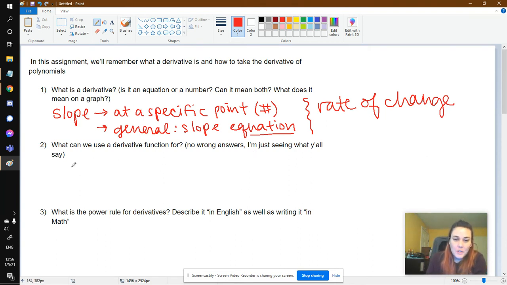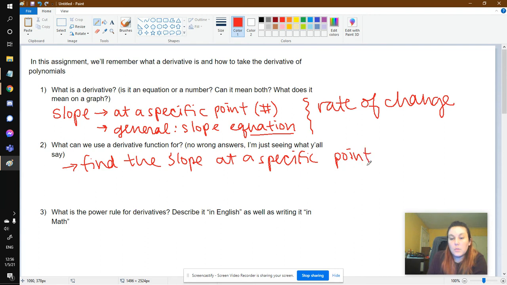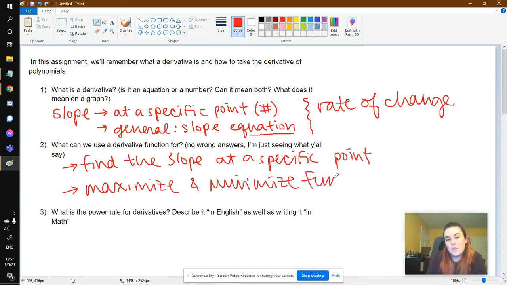What can we use the derivative function for? We can use it to find the slope at a specific point, right? One of the things we'll also learn how to do is maximize and minimize functions using the slope.